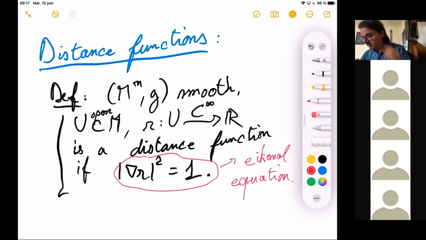When people want to compute a distance function on real data, they try to solve this equation rather than minimize the length of curves or solve the geodesic equation.